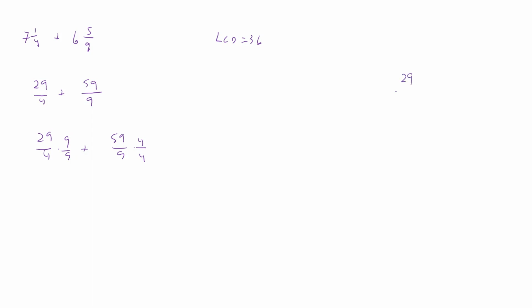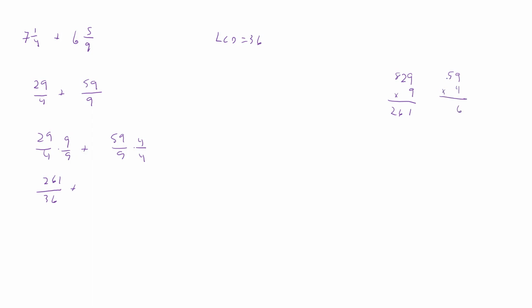So 29 times 9, that's going to be 261 over 36 plus, and now we have to take our other one, which is going to be 59 times our 4.